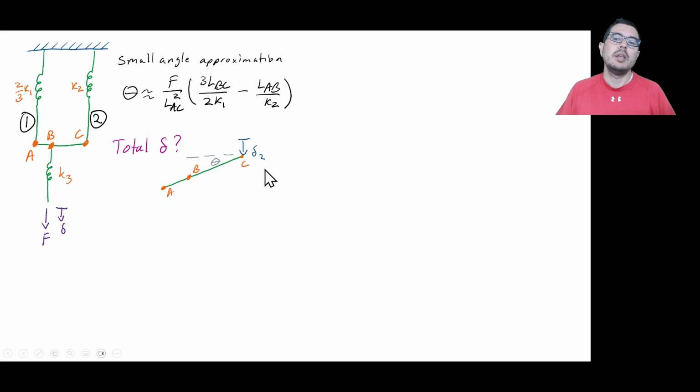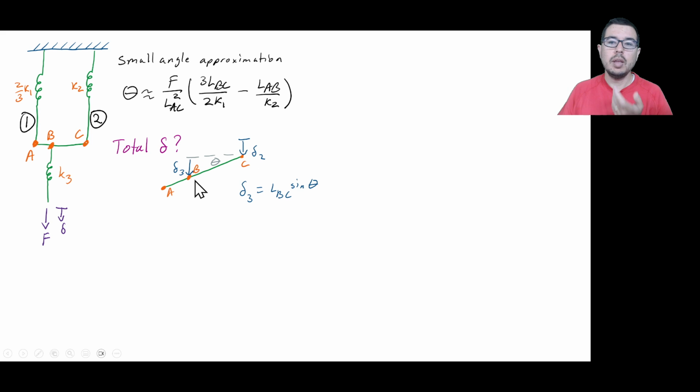Well, we can say that this bar goes down to delta 2. Okay, so remember C was up here, now it's moved down to here. And we want to figure out what this delta B, or we might call it a delta 3, could be here.